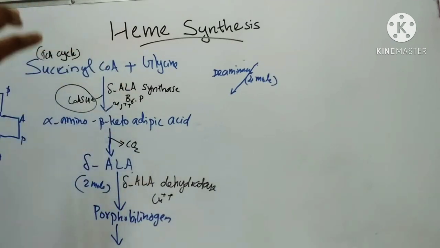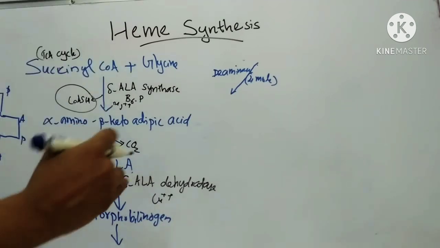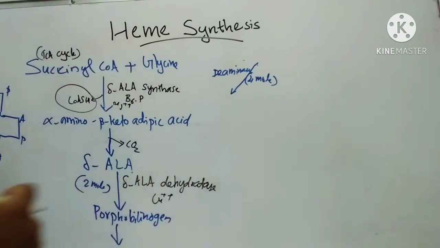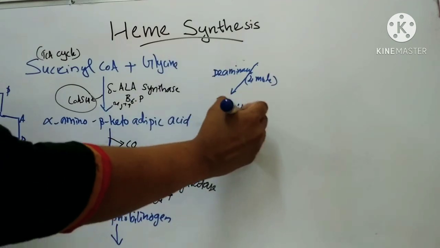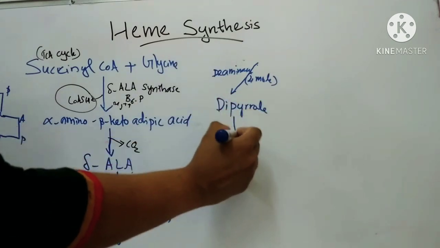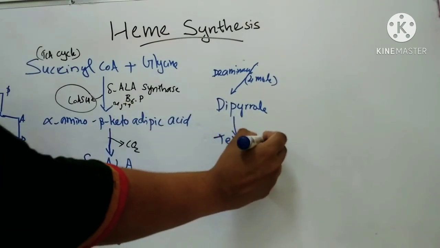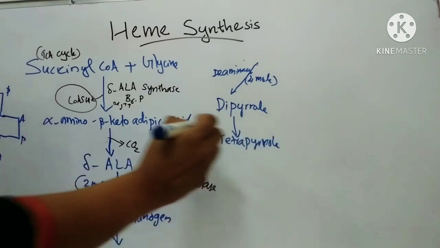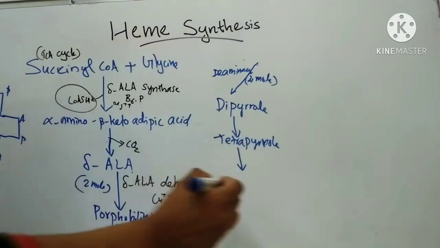Here in the formation of uroporphyrinogen 1, dipyrroles and tetrapyrroles may be formed as intermediates. First it will convert to dipyrrole, then form tetrapyrrole. These are intermediates. Then it is converted to uroporphyrinogen 1.